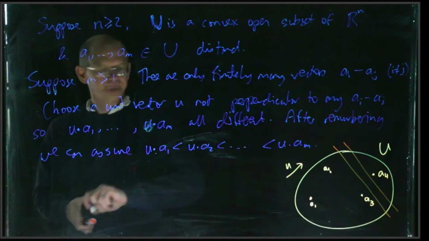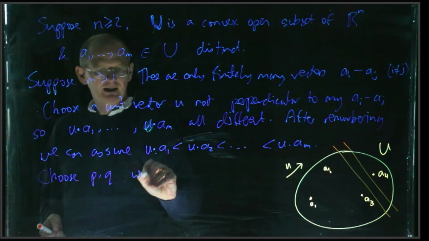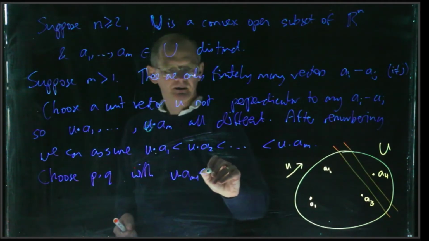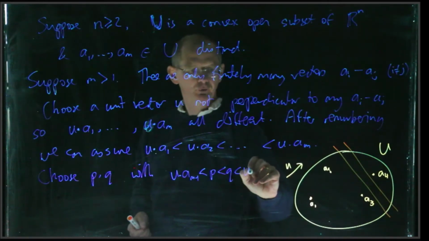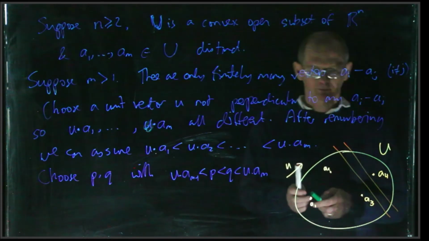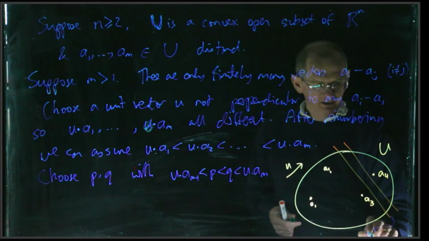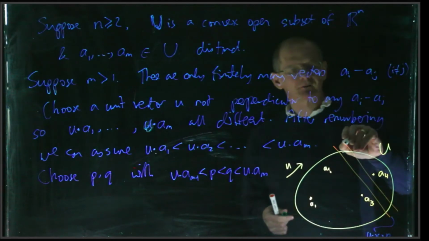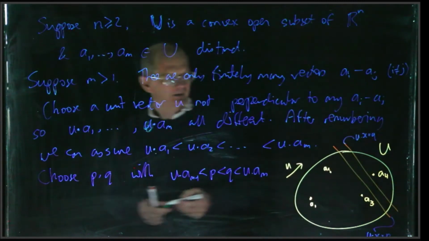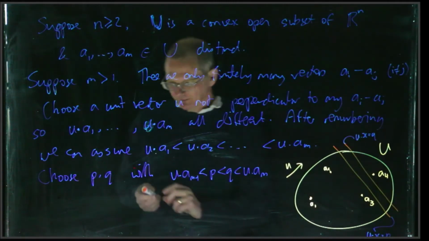So we're going to choose P and Q, say, with u dot a_(m-1) less than P less than Q less than u dot a_m. This is going to be where u dot x equals P. This is going to be the plane where u dot x is Q, and that fits between a3 and a4 as indicated.